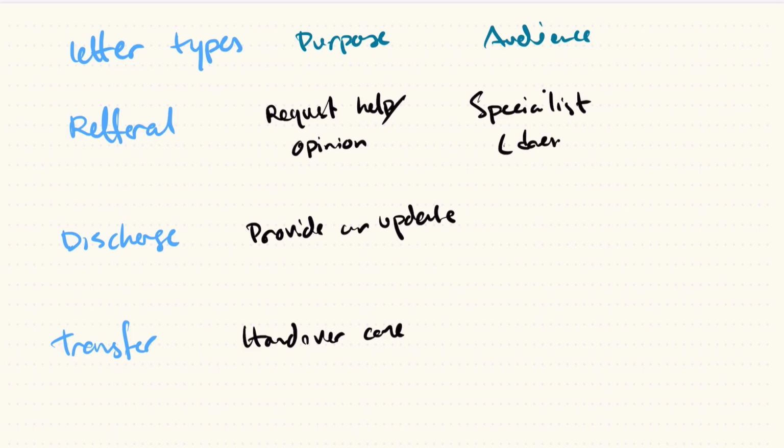Maybe doesn't know patient. And for the discharge, the GP knows the patient. So the focus is not so much on the medical history, because you assume that they already know the condition, why they were admitted into the hospital in the first place.